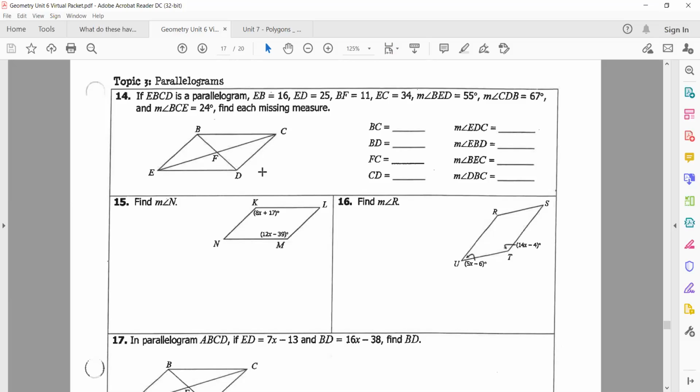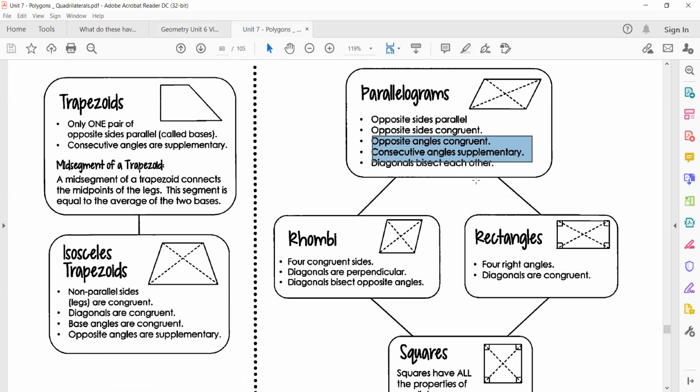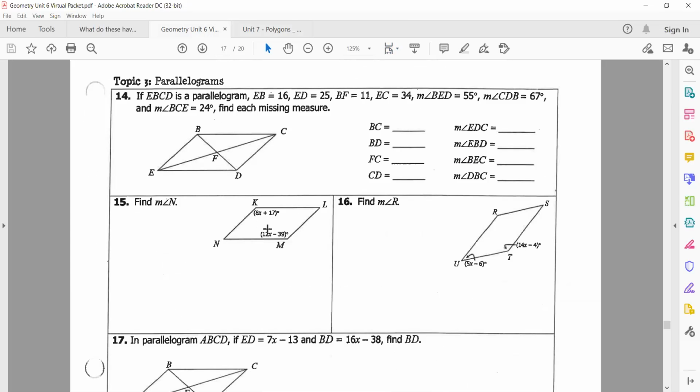15, 16, going to be doing the same thing here. What are the properties? Okay, these here, K and M, angles. Opposite angles are congruent. Okay, that's an easy equation to set up then. K is going to equal M. So I'm going to take this expression 8x plus 17 and make it equal to 12x minus 39.